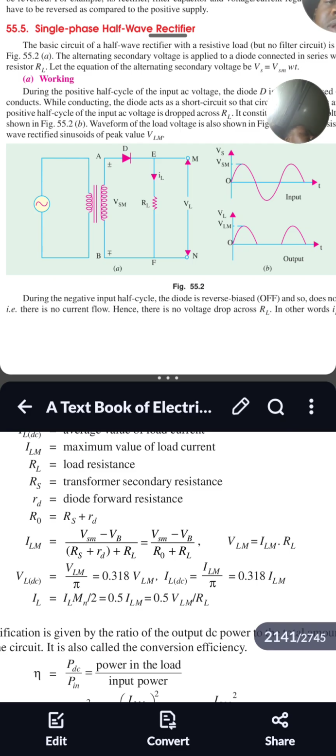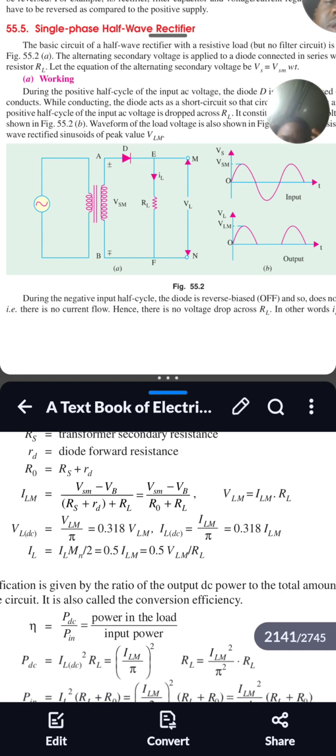Why? Because when you divide by 2 you get a bigger value than when you divide IM by pi. Pi is 3 point something, meaning when you divide by pi you have a smaller value, and that will be the VDC. So that you should not cram, that should be a very simple way to understand it. Okay, let me just continue from here.